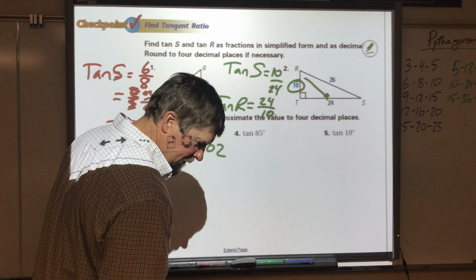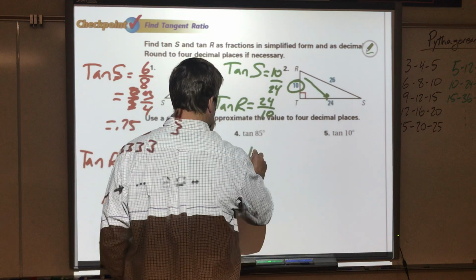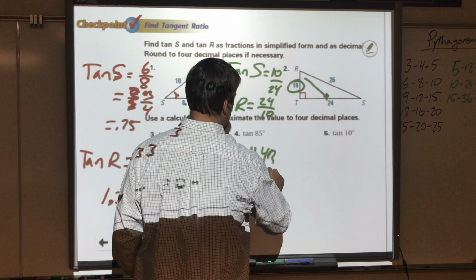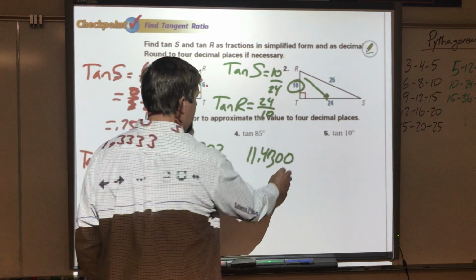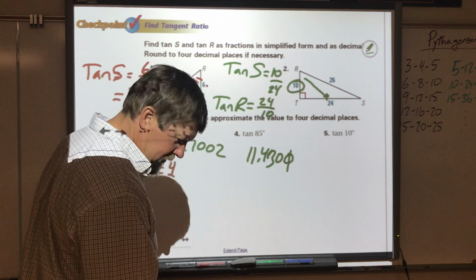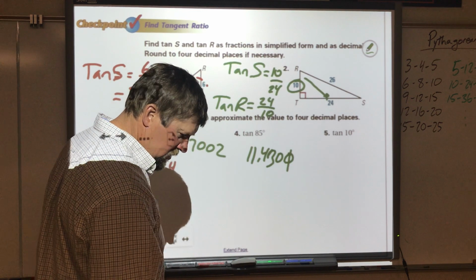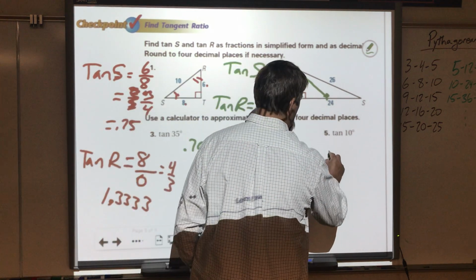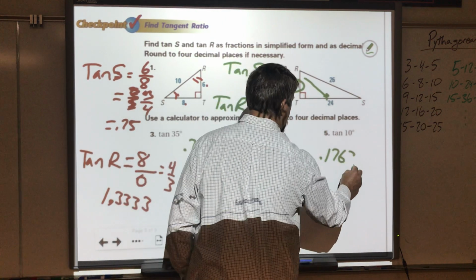Tangent of 85 is 11.4301. And the tangent of 10 is 0.1763.